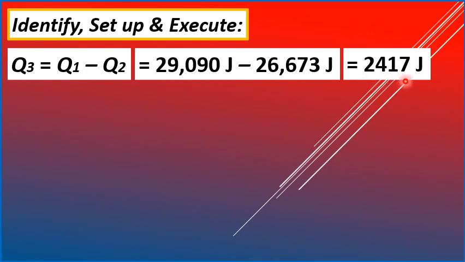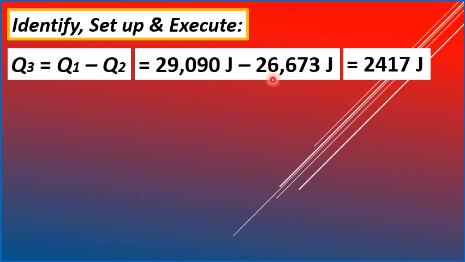So this is the amount of thermal energy that is left as a result of the liquid water absorbing 26,673 joules in order for the liquid water to reach 100 degrees Celsius.